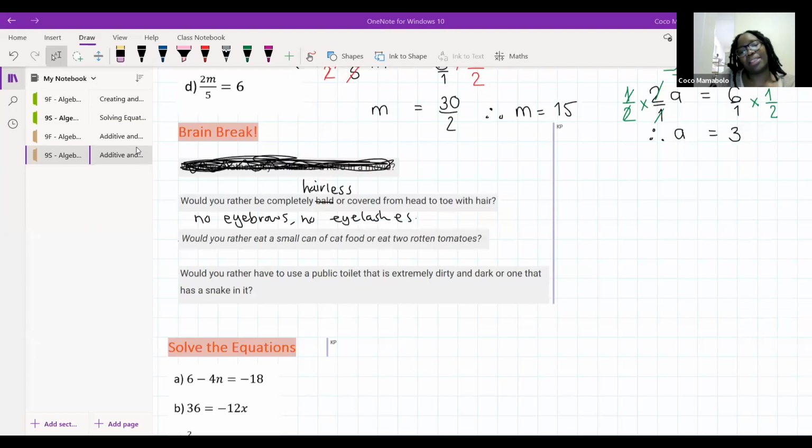Zaya, am I saying that correctly? Zaya or Zia? I hope I'm saying that correctly. Which one would you choose, the cat food or the rotten tomatoes? Ma'am, I choose the cat food. Why? Ma'am, because with rotten tomatoes, what if you get a sickness from the bacteria?